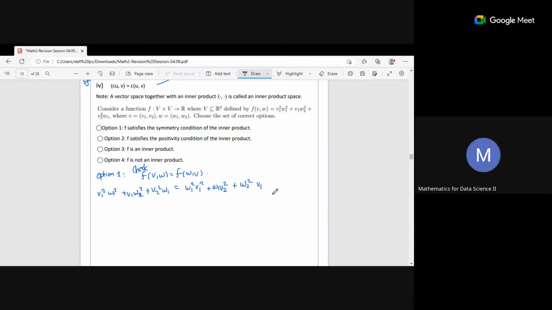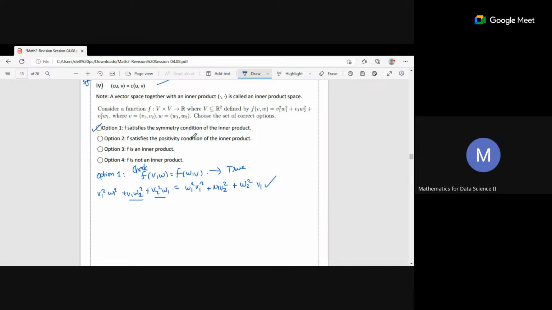So here what happened? This term is coming as the second term, and this term is coming as the third term here, and the third term is coming as the second term. So nothing has changed. So this is true in fact, right? We have verified and it is true.